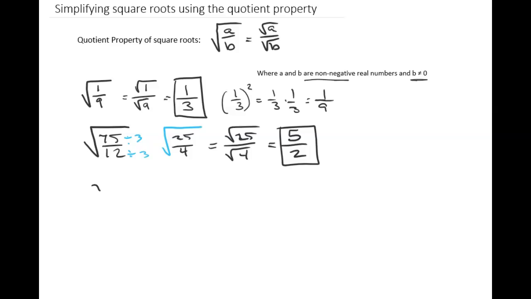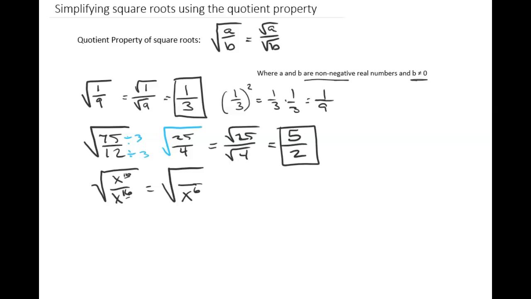Let's do an example with some variables. What if I had the square root of x to the 10th over x to the 16th? In this case, underneath that radical, I have a fraction using the quotient rule. I have more x's on the bottom, so my x's will end up on the bottom, and 16 minus 10 is 6.